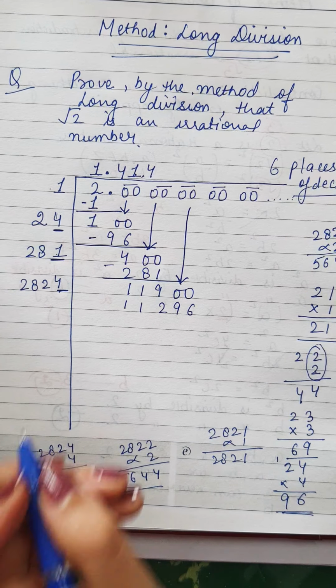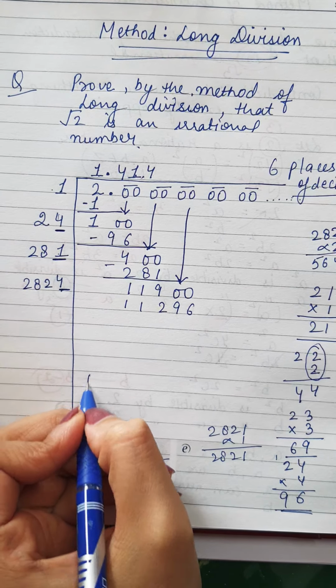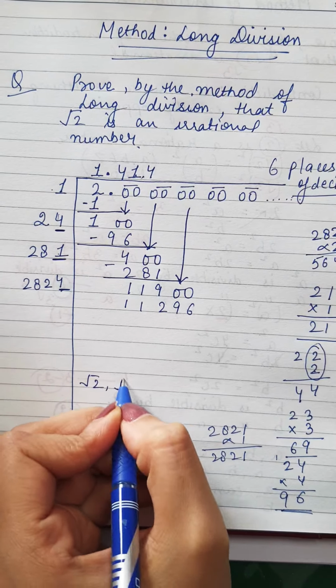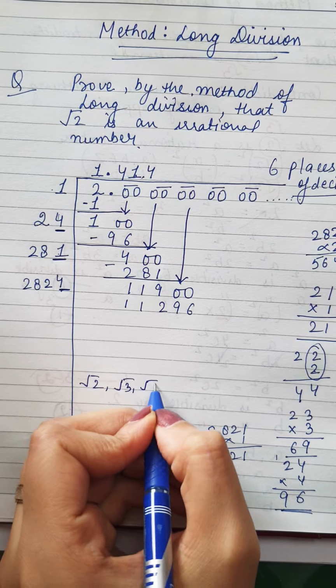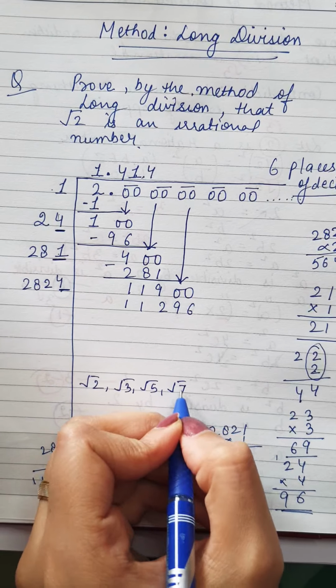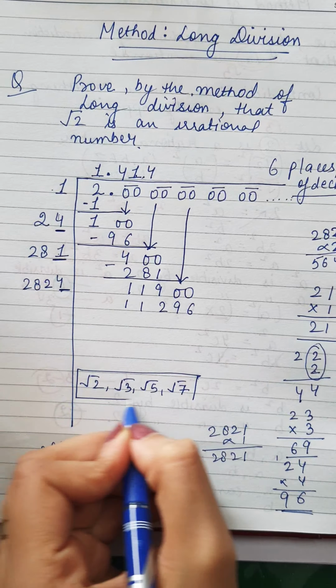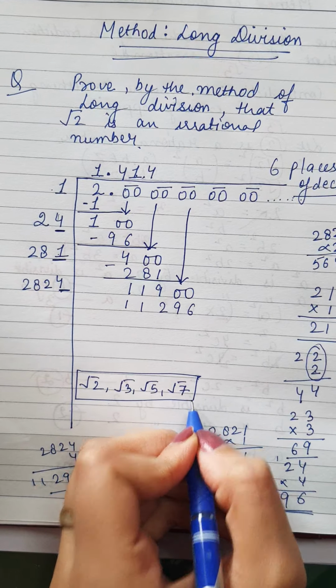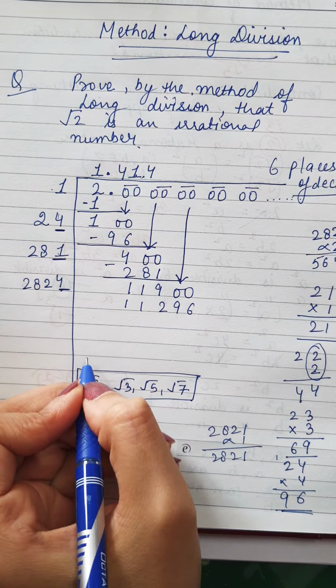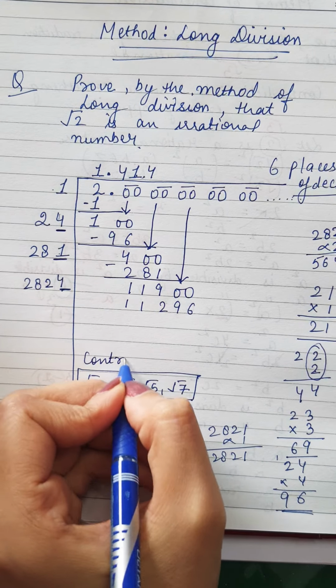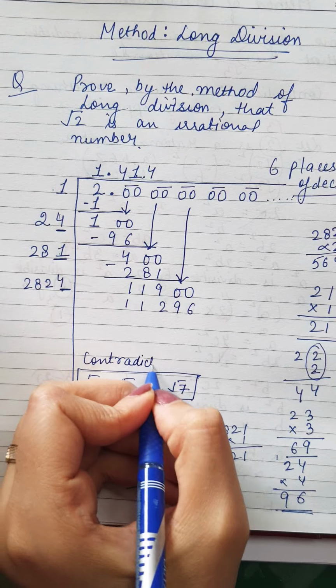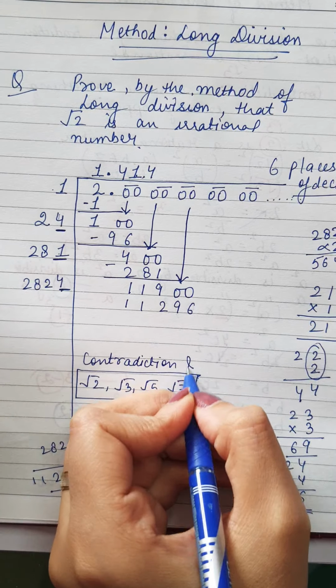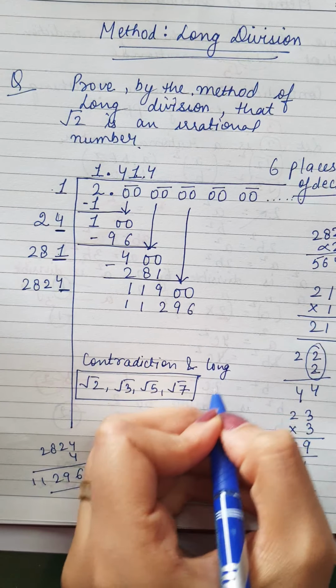So in your homework, I want you to write down in the notebook under root 2, under root 3, under root 5 and under root 7, both by the method of long division and contradiction. By both the methods, by contradiction and long division as well.